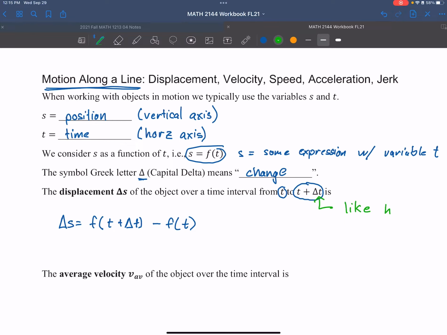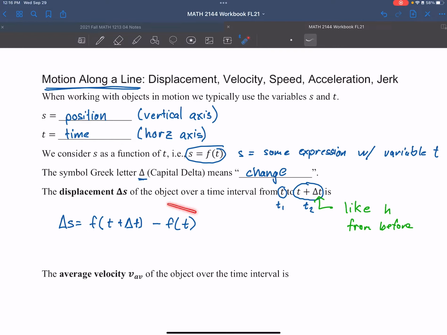Well, now in the context of time, it's going to be some elapsed time after our initial time frame. So this is going to be like h from before. The delta t is just some elapsed time. You can think about this as t1, and then this whole expression t plus delta t as t2.